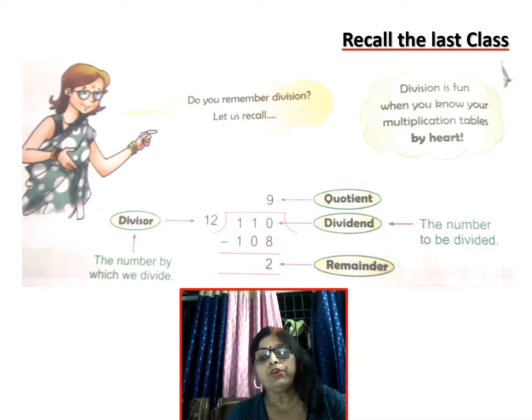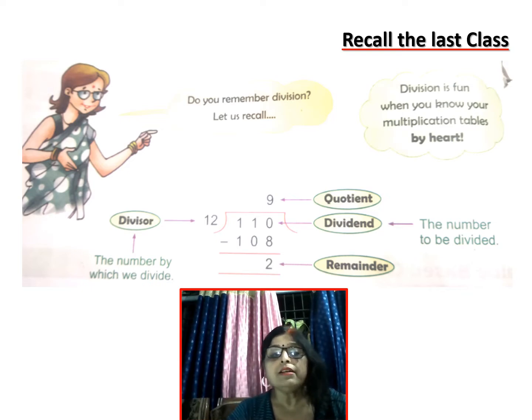Students, you recall the last class. It means what you have read in class 3. Division is fun when you know your multiplication tables by heart. It is very necessary to learn all the tables for division. Here, we are seeing that 12 will be divided by 3.